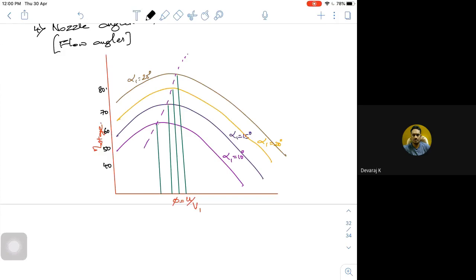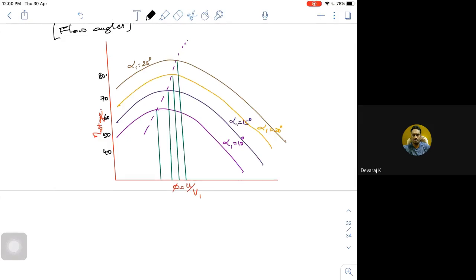The advantage of going for multi-staging is, if I keep increasing my alpha 1, the corresponding stage efficiency also will increase, and your corresponding speed ratio also will increase. So somewhere we have to ensure that this phi is optimum for a given angle. If you keep increasing U by V1 to a particular point, it will reach a maximum, then it will start dropping.